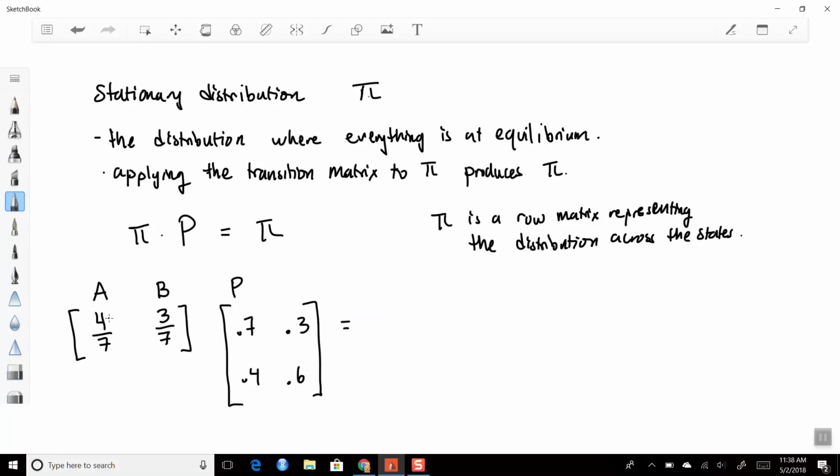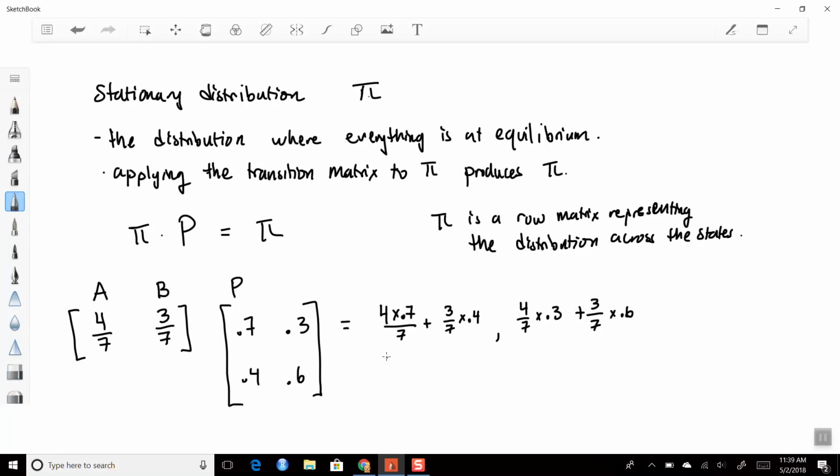So if I do 4/7 times 0.7, I would have 4 times 0.7 over 7 plus 3/7 times 0.4. This is our first value, and our second value is 4/7 times 0.3 plus 3/7 times 0.6.